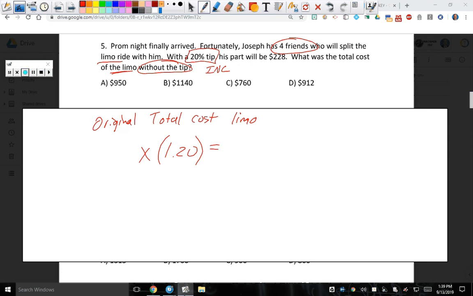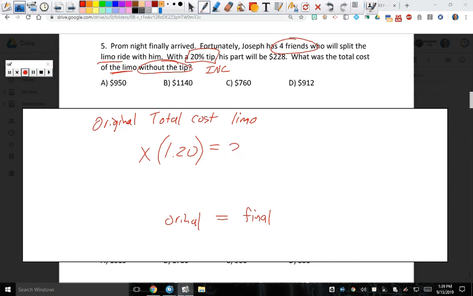I know on the other problems I was putting X as my percentage, but now I'm putting X as my original price. So you could even put O times 1.20. Okay? Is equal to, so the original will then equal the final, or the result, the end up. The start going to the end up.